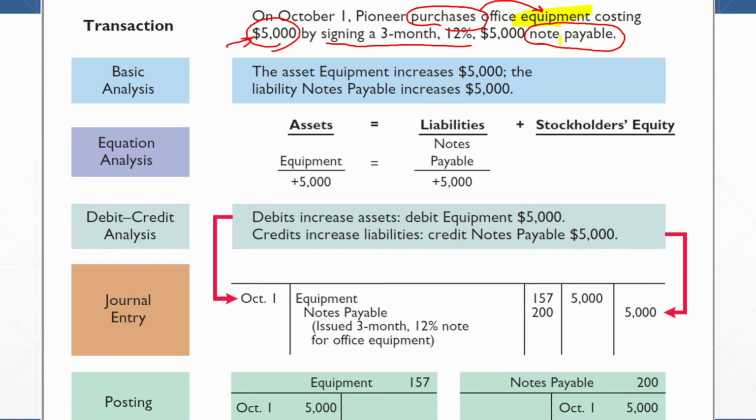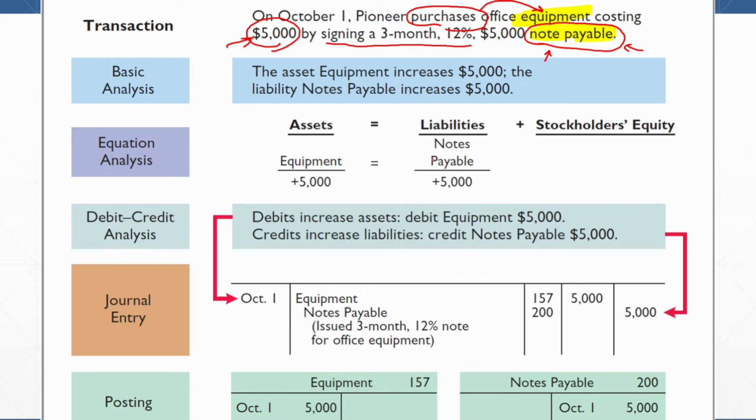I don't need to be worried about the details here. I just need to know that my second account is notes payable. This is how I am paying for the equipment. I'm basically promising to pay in the future by signing a note.